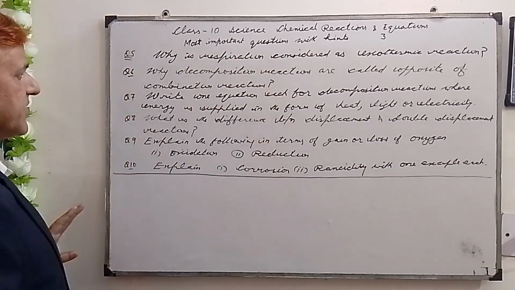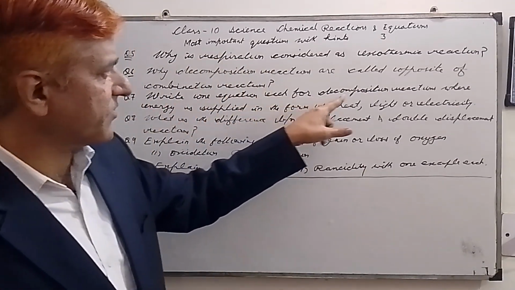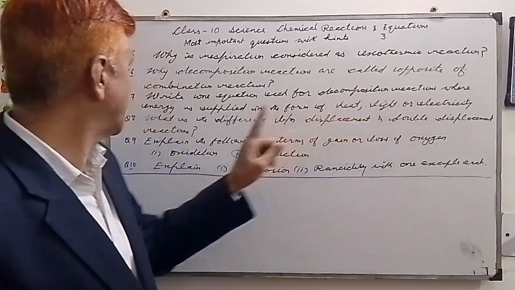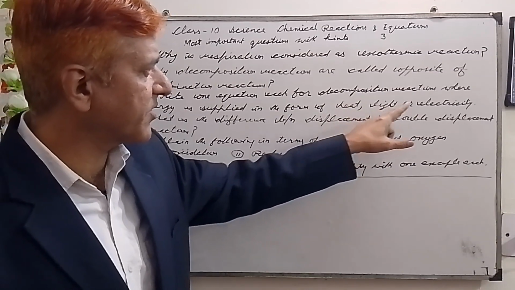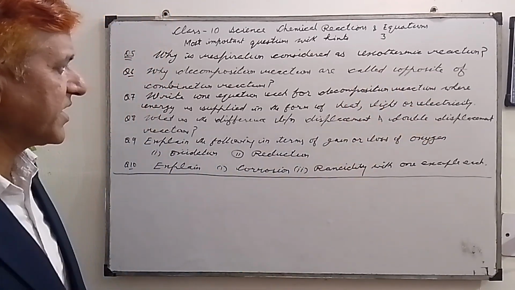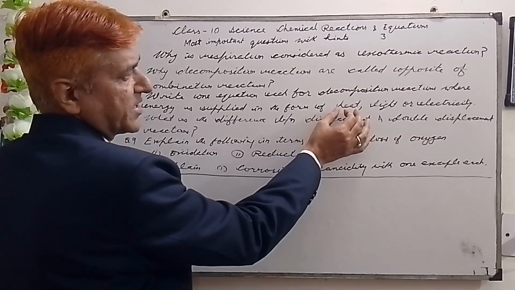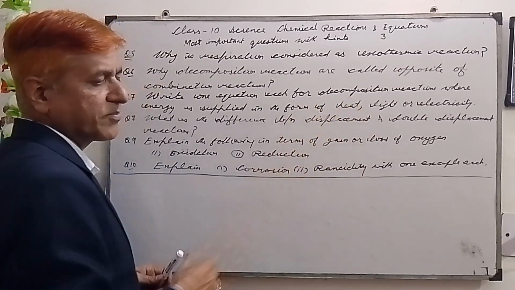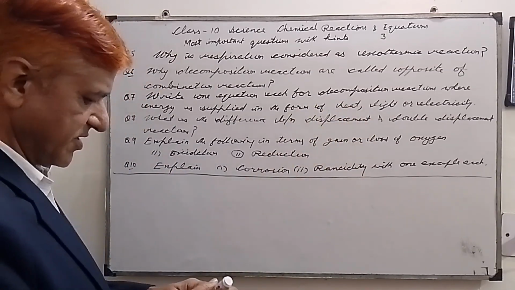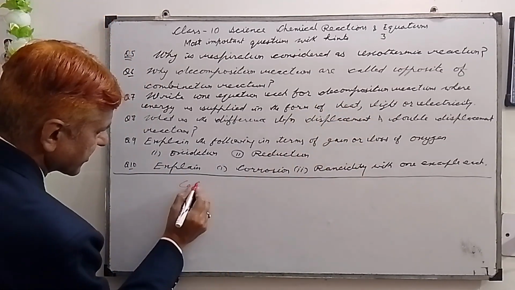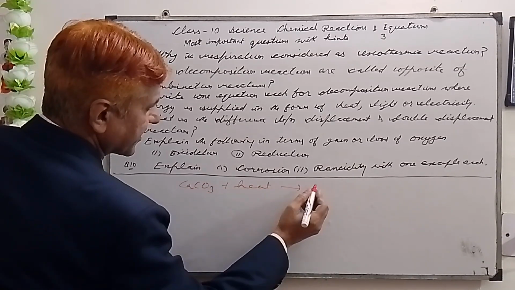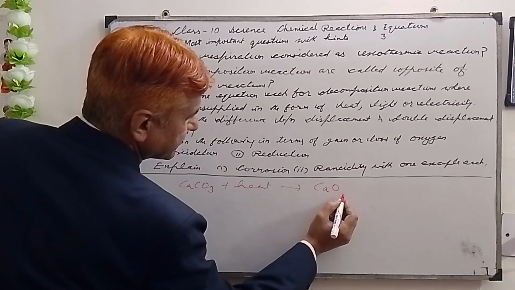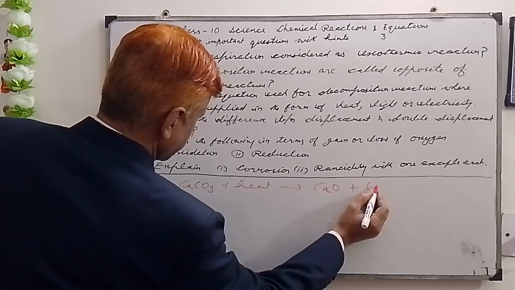Then question number 7: write one equation each for a decomposition reaction where energy is supplied in the form of heat, light or electricity. When heat is required, for example, calcium carbonate plus heat gives calcium oxide plus carbon dioxide gas.